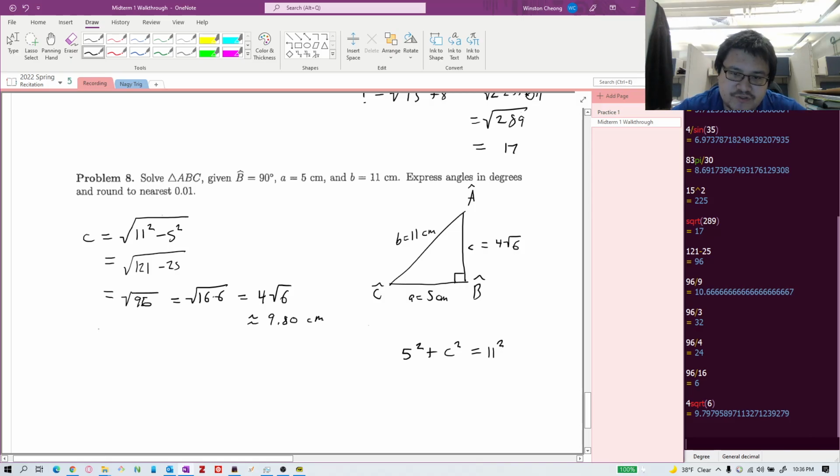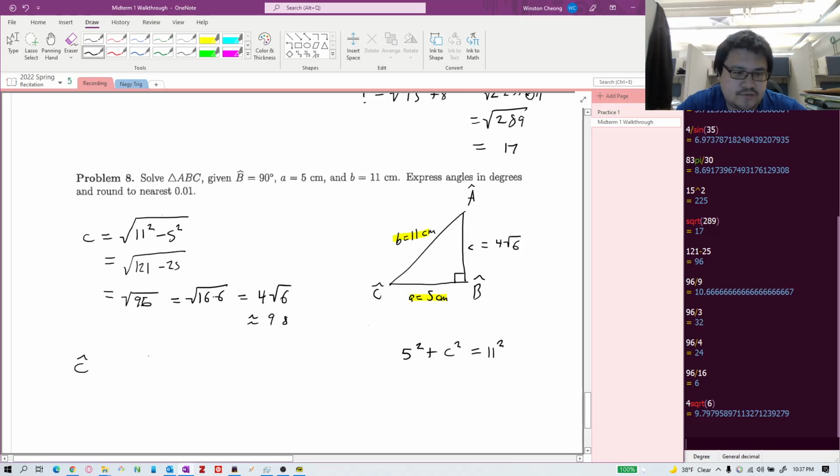Next, let's try to solve for the angle C. Okay, I'm going to highlight the givens, which are these two guys. So we're going to try to set things up using these two sides, not using the side that we derived. Okay, so angle C. I want a trig equation that involves these sides and C. From the perspective of angle C, this is the adjacent side, this is the hypotenuse.